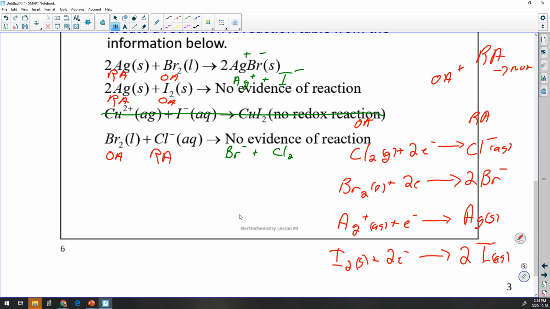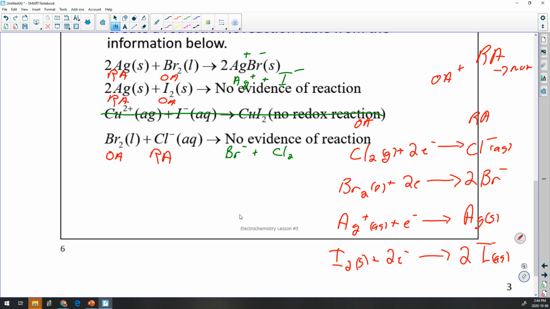So there are four lines, just like there are four lines on this table here. I can find each one of these, and because they are on here, we can see that the chlorine is where my finger is now. The bromine is just slightly below it. The silver ion is again just slightly below the bromine.